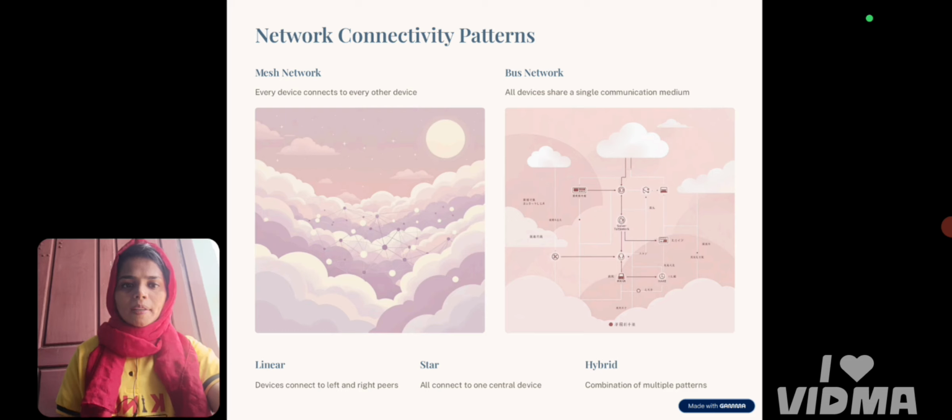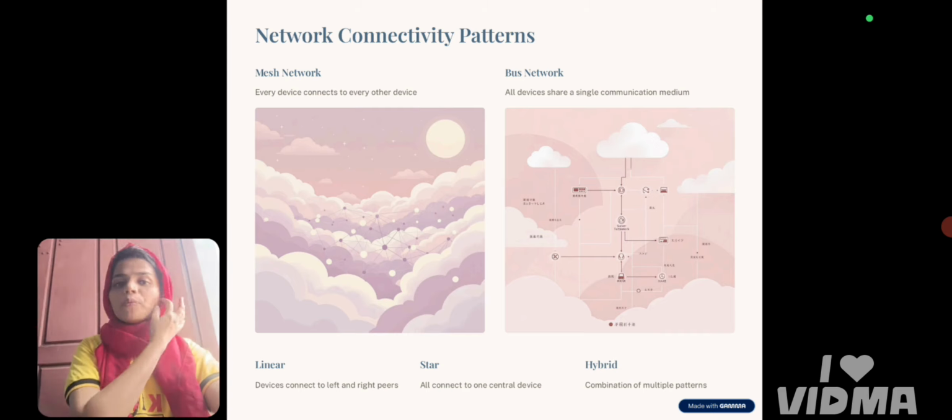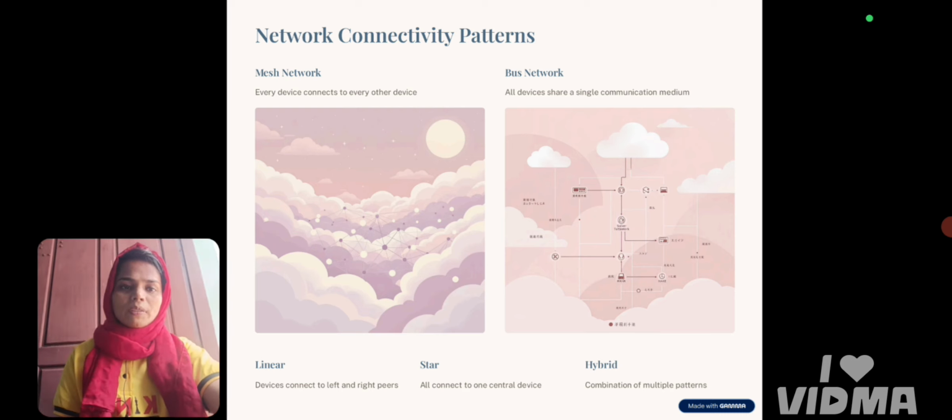Then linear. Linear means devices connect to left and right pairs. If I run an office or a laboratory, that means a computer lab, I can have only one server and more than one client. We will discuss client and servers later. Now we just need to know about the connectivity patterns only.